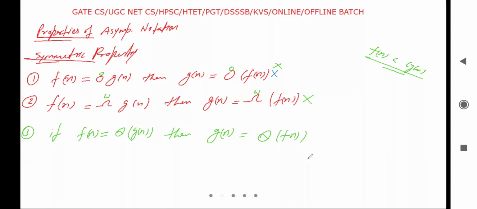Theta property will hold when it is following the omega condition and also the big O condition, right? It should satisfy both, big O as well as omega. And which case is possible? Only one case is possible: when the left hand side is n square and the right hand side is also n square, meaning both are equal.